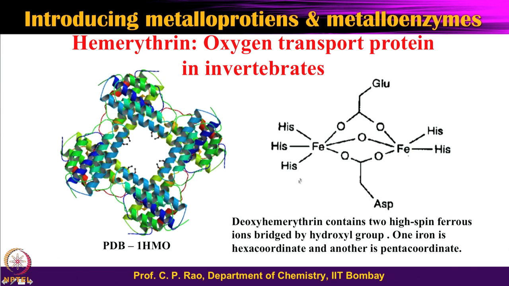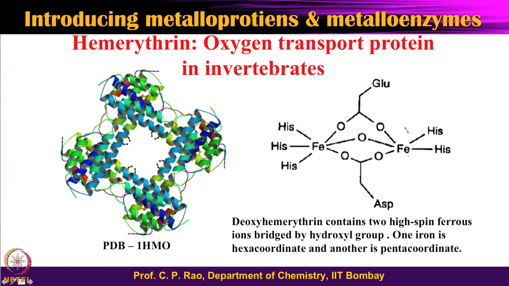One of the irons is 6 coordinated, the other iron is 5 coordinated, and this has 3 histidines, this has 2 histidines, and these are bridged by the carboxylates, one aspartic, another glutamic, and then there is a bridging. The bridging is not O, basically OH, and how this OH shuttles I will explain when we go from deoxy to oxy.